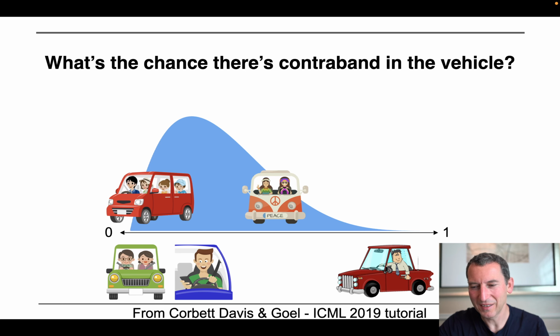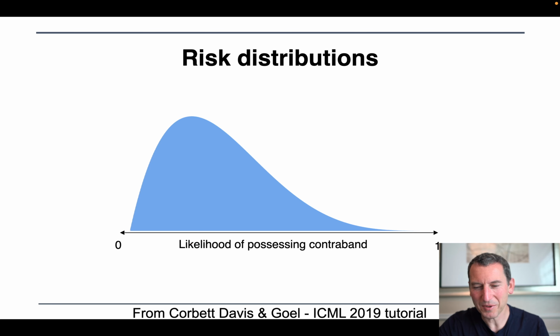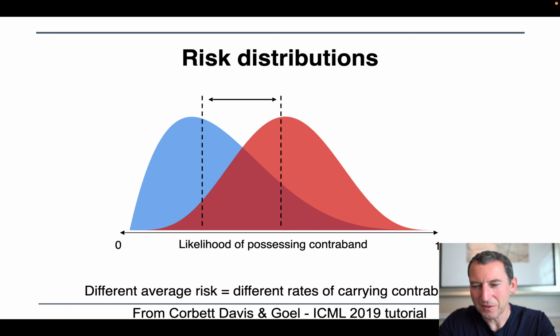It's clearly unhealthy. So let's just abstract away from that. Here we have this risk distribution of the likelihood of people possessing contraband. And we can clearly see that the majority of the people are fairly low risk. Now, maybe if we go to a different neighborhood, you might see something like this. If you go to a bad neighborhood that has a reputation of being highly trafficked, then the average risk is clearly higher.